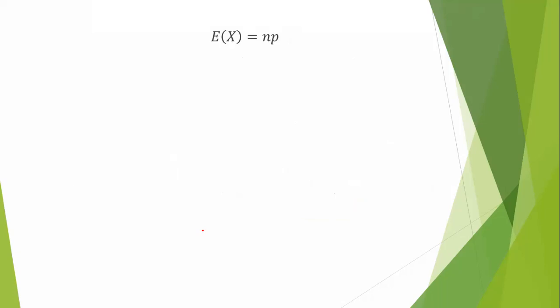Then our next question, we were asked to find the mean, and the mean we just get n times p, and our n was 9, and then the probability of success was 1/6. So that is going to give us 9 divided by 6. And then for variance we get npq, and that will be 9 times 1/6 times 5/6.